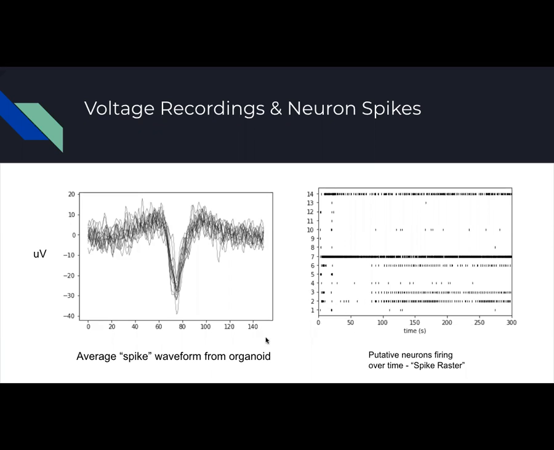And on the time axis, we just have the time. And we can say that hypothetical neuron 14 was firing this many times with this pattern, and hypothetical neuron 10 was firing less amount of times.